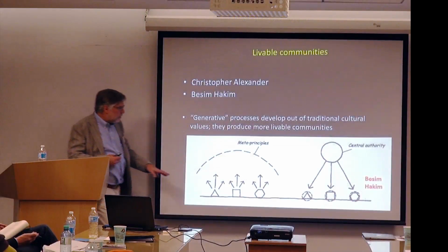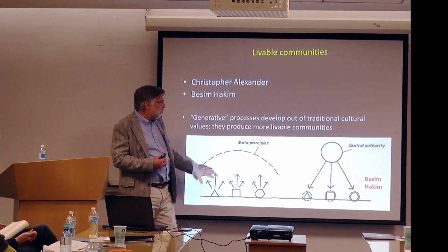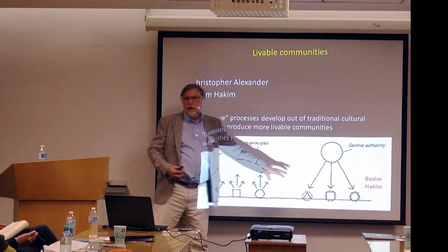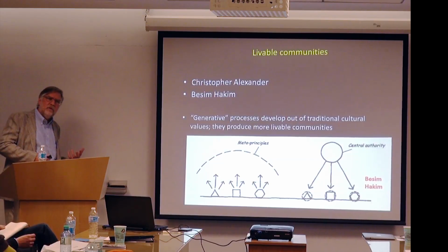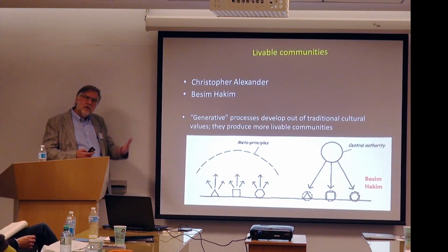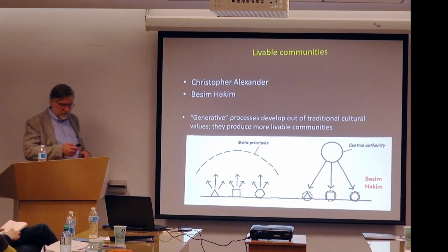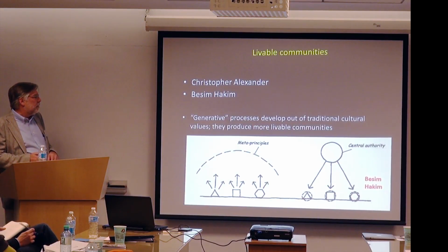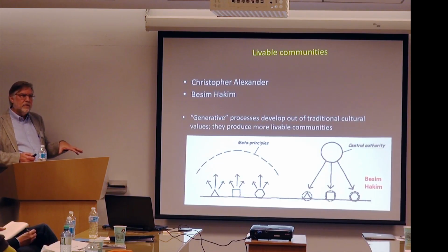In the sense that people are developing their own rules and figuring out how to deal with things, as opposed to a central authority coming in and asserting some kind of standard control. So they're saying in cities today, they're trying to develop ways that people can influence the built environment to a greater extent than just having a central authority plan things out and in many cases screw things up.